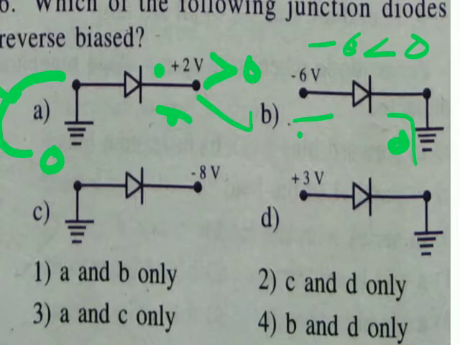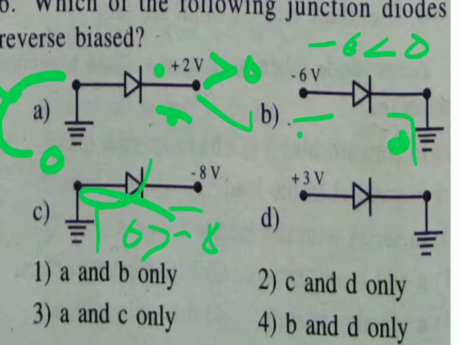See option C, it is 0 and minus 8 volts. 0 is greater than minus 8, so high potential is connecting to the diode positive region, low potential is connecting to the diode negative region, so it is forward bias. This is a wrong answer.